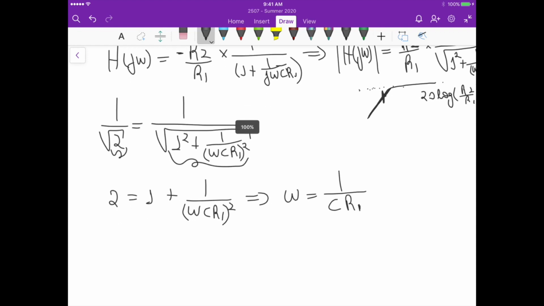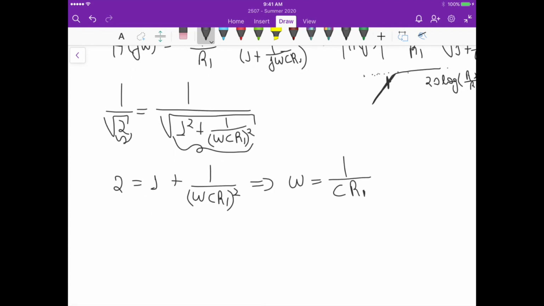If we pass this 1 to this side, it becomes 1 equals (1 over omega C R1) squared, and if we put the omega squared up there, this is omega squared equals (1 over C R1) squared.